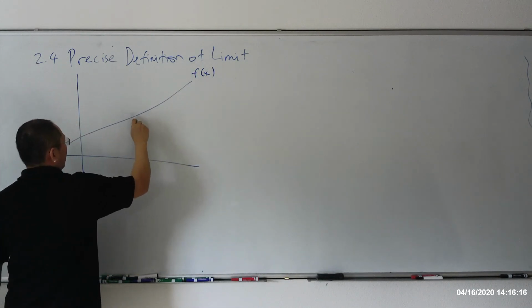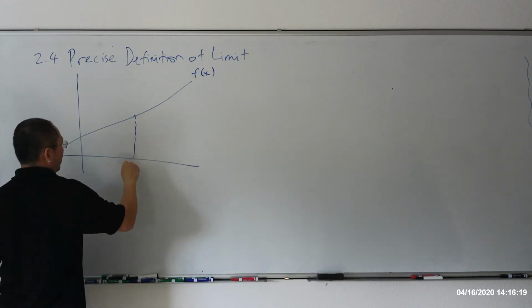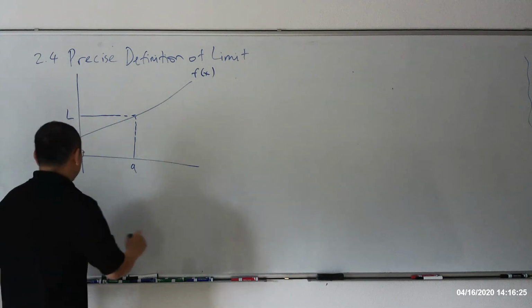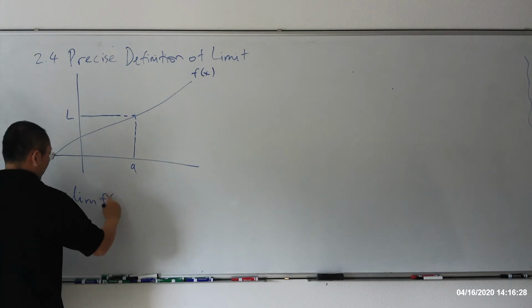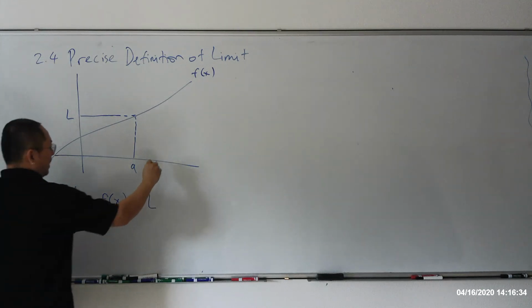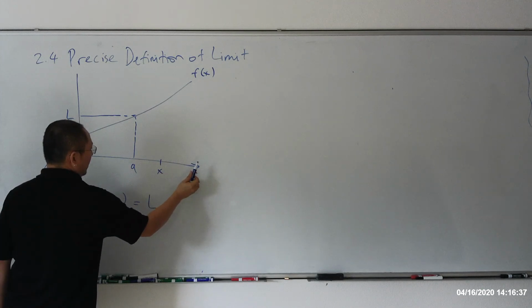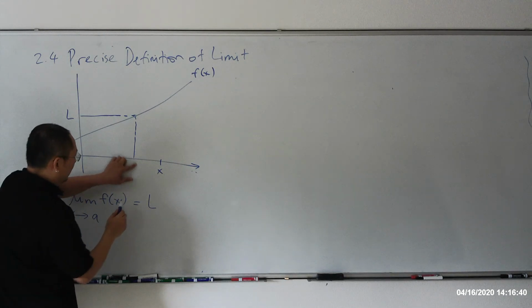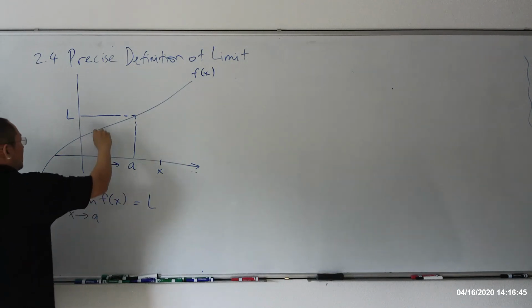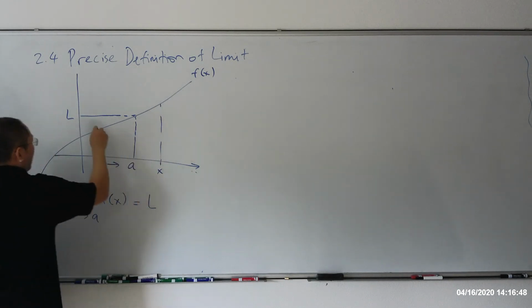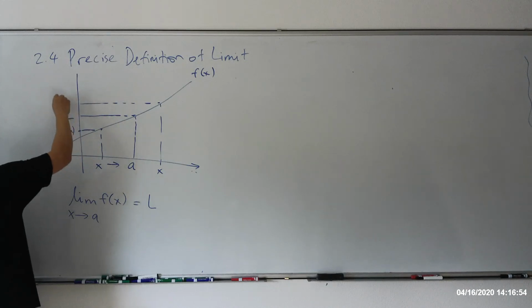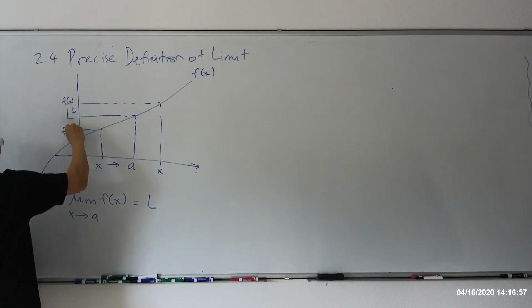Doesn't matter if it has a missing point, let's say a point A right here, and this is L. We say that the limit of f of x when x approaches a equals L, and what we really mean is when we have any input x getting closer to the value a, either from the left hand side or the right hand side, then the output f of x is getting closer to the value L.